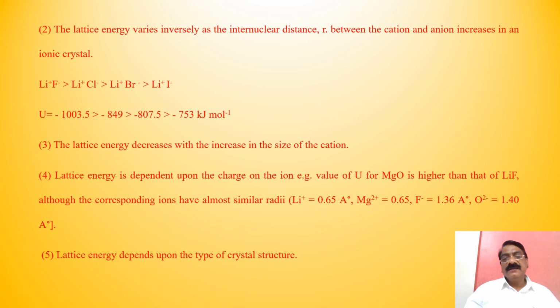Li plus has ionic radius 0.65 angstrom, and Mg2 plus has 0.65 angstrom. F minus has ionic radius 1.36, and oxide ion has 1.40 angstrom.